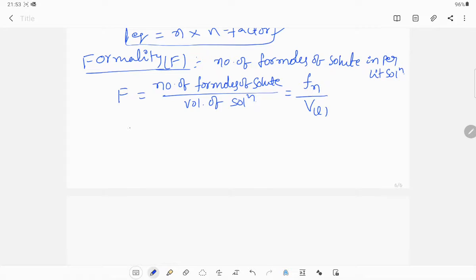Now formula moles, capital N, of solute is the weight of solute in grams divided by formula mass.